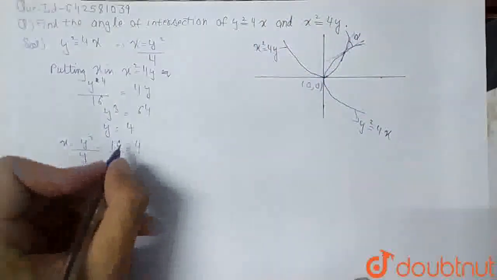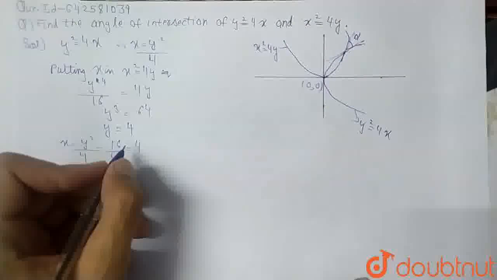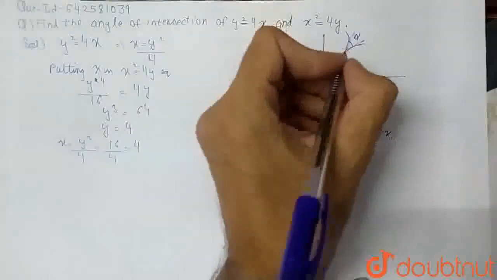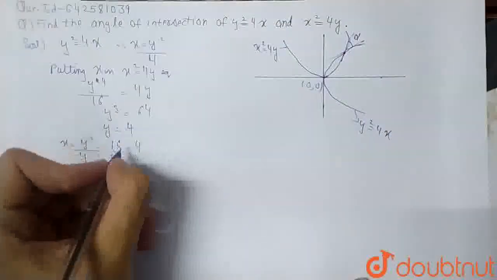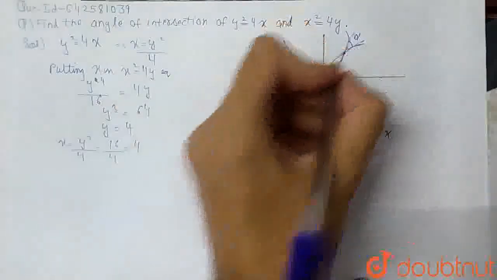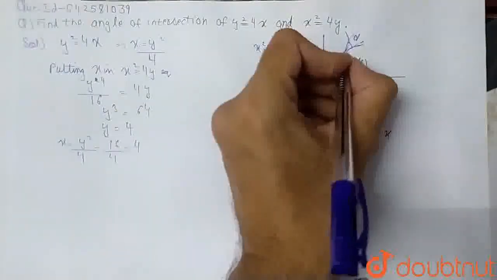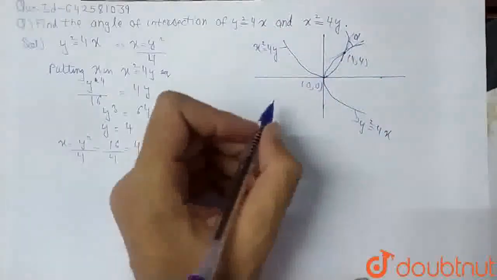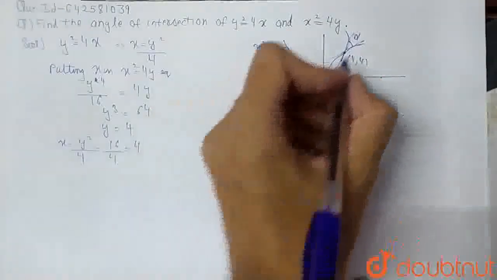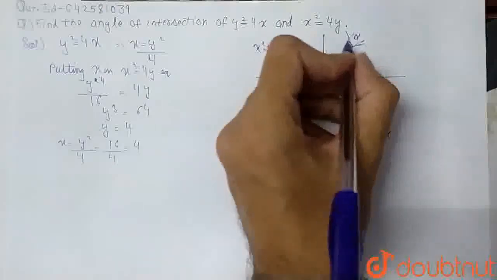Let us suppose the coordinates of this point are 4, 4, because we have found that. Now from here we have two tangents, one is this and another is this.